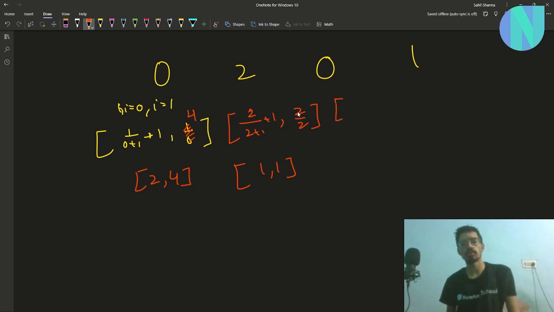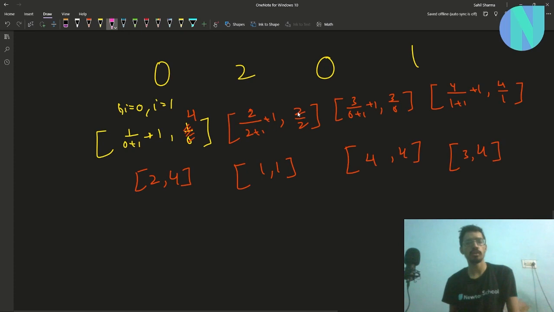Similarly, for the third, this will be 3 over (0 + 1), plus 1, and the upper bound is 3 over 0. Again, it's infinity, so we will write 4 here. The lower bound is 3 over 1, plus 1, so again it is 4 here. Similarly, for the last, we have 1, so it's 4 over (1 + 1), plus 1, and 4 over 1. So we get 4 over 2, that's 2, plus 1 gives 3, and we have 4 here.